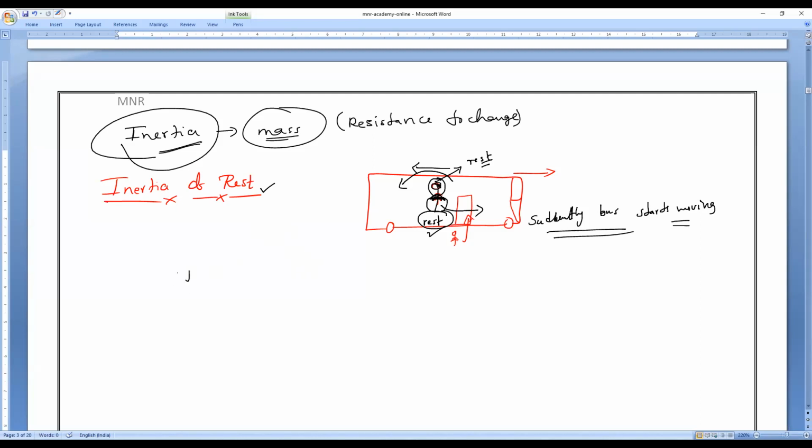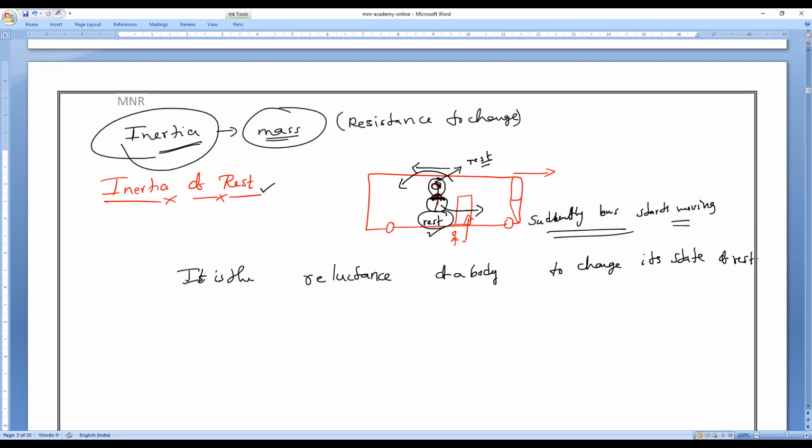This is a new word I am using. You have to learn it. It is the reluctance of a body to change its state of rest or state of motion. Inertia of rest means state of rest or state of motion.